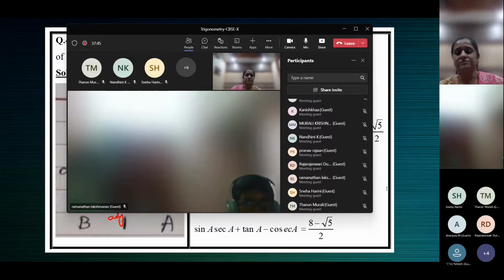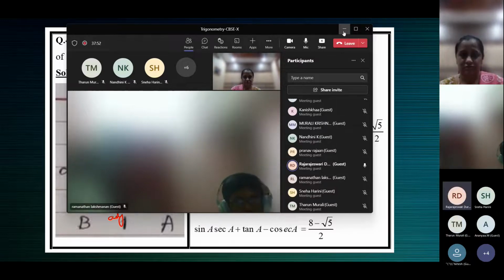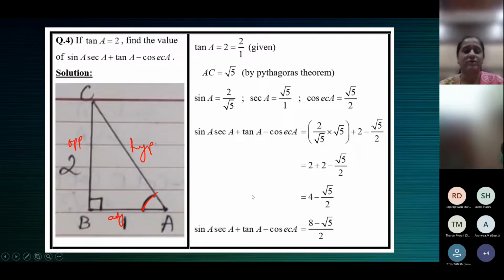Opposite by hypotenuse, ma'am. Sin A is equal to opposite by hypotenuse.